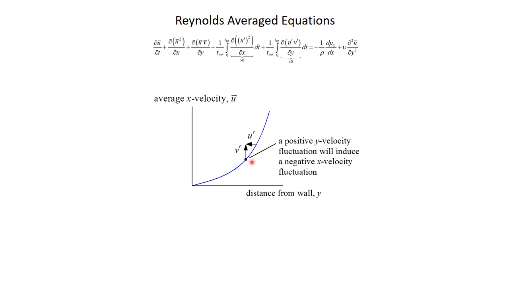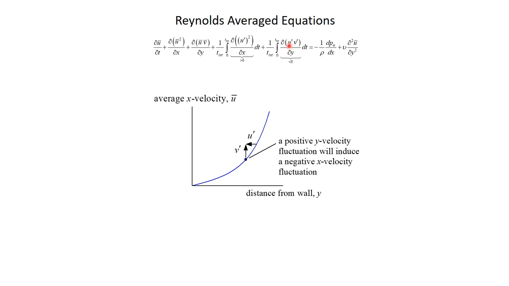So a positive v prime is going to tend to induce a fluctuation in u, right? So these fluctuations are not decoupled from one another. They tend to be correlated to each other. If you actually could take real-time data where you were measuring v and u, you would see in that data that every time v tended to go up a little bit, u would tend to go down a little bit, right? So these fluctuations are correlated to each other. And as a result, this term right here actually tends to be negative, right?